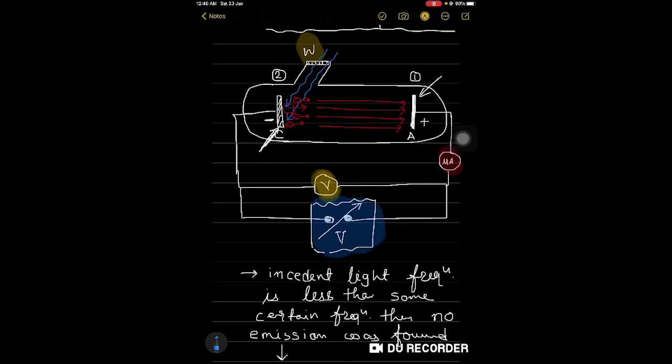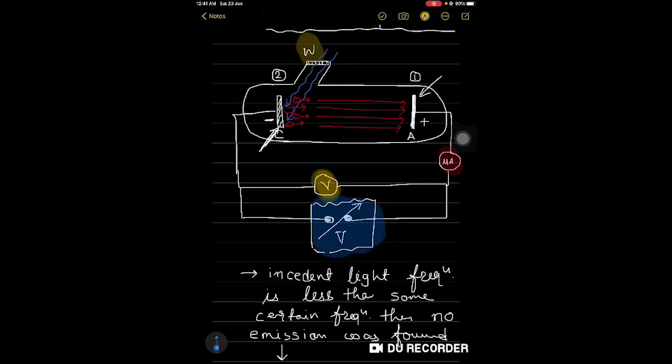Now light of different colors or different frequencies can be used by putting an appropriate colored filter or colored glass in the path of light falling on the emitter C. We can also say that the intensity of light is varied by changing the distance of the light source from the emitter.